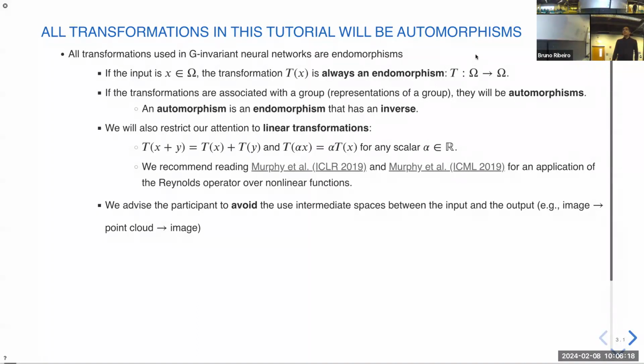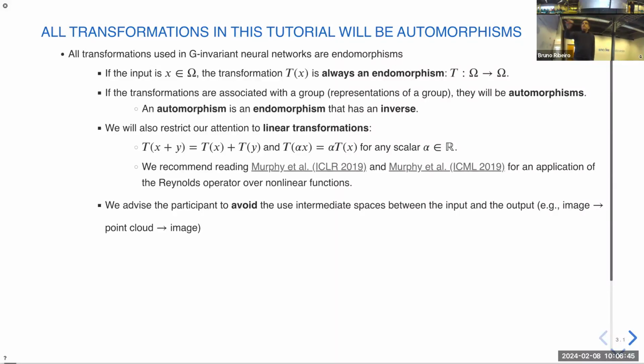That's what an endomorphism means. So you get, say, an image, and it transforms, and it's still an image in the same space. If the transformations are associated with a group, and we are going to see what that means, then they'll be automorphisms, because for groups, the transformation must have an inverse. So it must be able to invert the transformation.